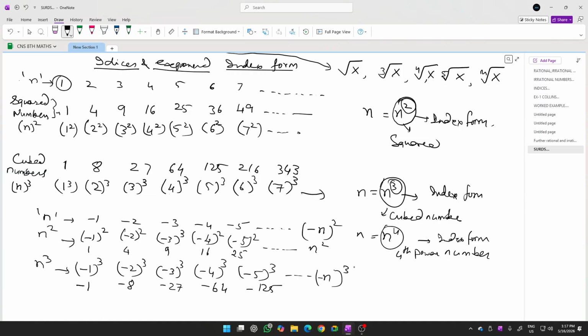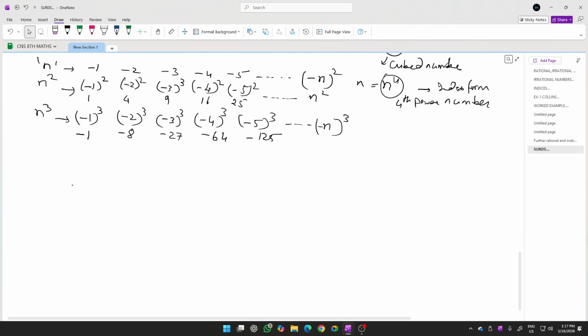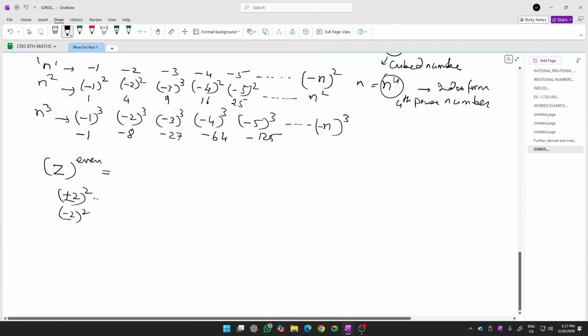Okay. So remember now what I want to say is whether number is positive or negative, you can raise that number to anything, and in general you can write now if an integer z raised to some even number will always give you, suppose for example you take +2 raised to 2, and if you take -2 raised to 2, +2 -2 both are integers, so in general this z is integer, but when the power is 2 even, +2 will give you answer as 4 and -2 will also give you answer as 4.